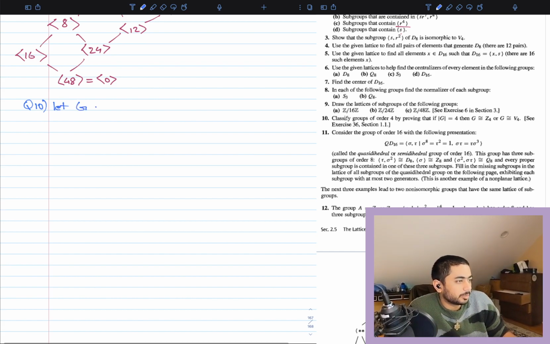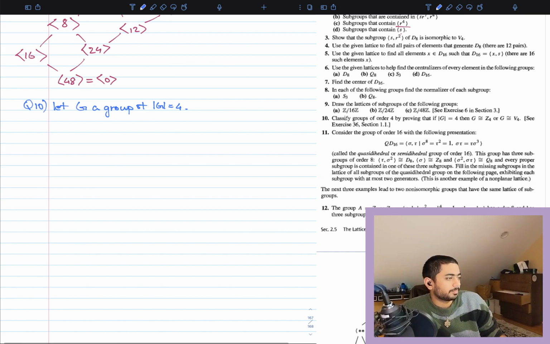Let G be a group whose size is 4. It has 4 elements in it. Then we need to classify how many such groups there are. The question claims there's only 2 of them. You're either a cyclic group, or you're a Klein 4 group.